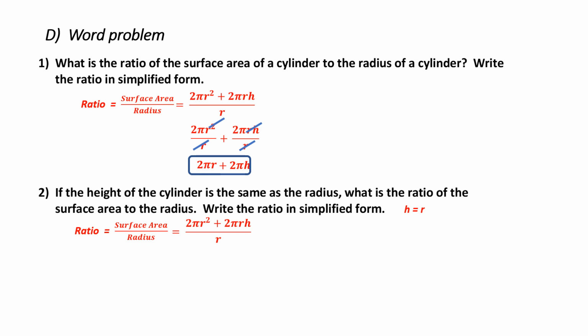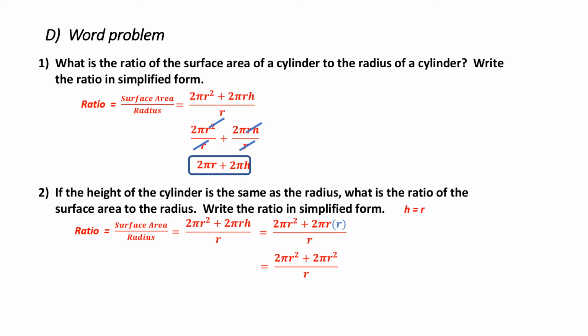So does this help us simplify? Well, what this means is wherever we see an h, we can replace it with an r. So in looking at my second term, I have 2 pi times r times r. Well, r times r is the same thing as r squared. So I now have 2 pi r squared plus 2 pi r squared. Hopefully you'll notice that these are like terms. They have the same variable and the same exponent. So I can combine them.